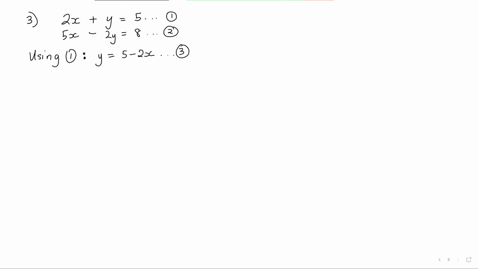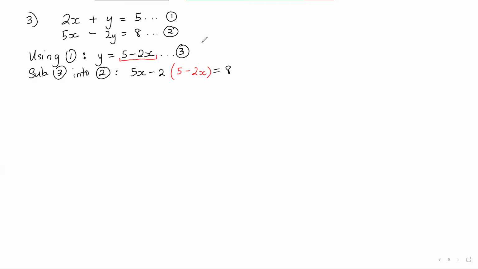And now that I have an expression for y, I will substitute that into the second equation. That gives me 5x minus 2. Now remember, wherever I see y, I'm replacing it with 5 minus 2x. So it'll be 2 brackets, 5 take away 2x is equal to 8.